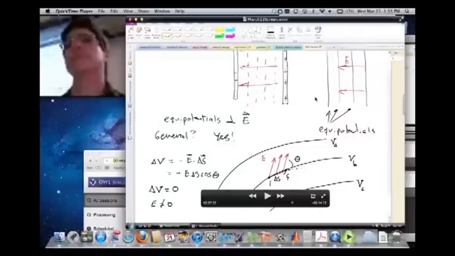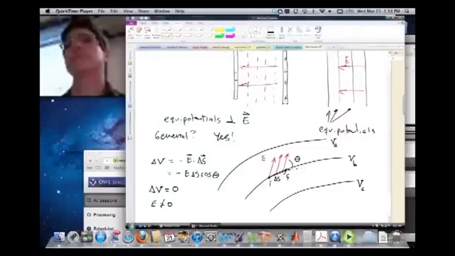Let's talk about the equipotentials and the direction of the electric field. What you see there is the two plates of a capacitor, one negative, one positive, and the electric field drawn with the red line, red arrows point from positive to negative.